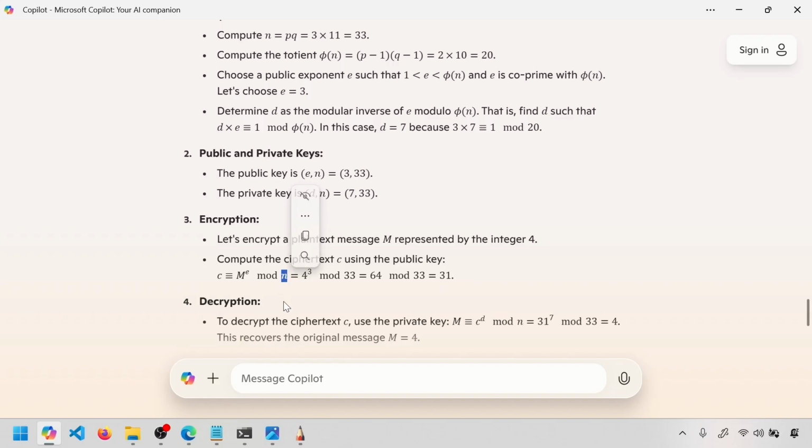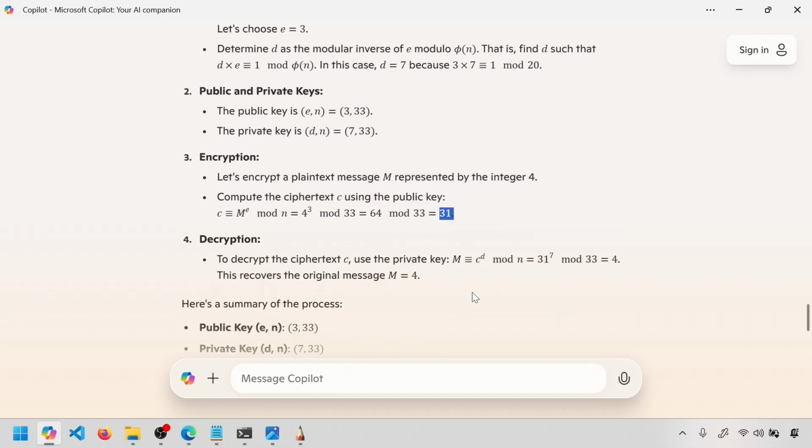We are interested in the remainder. What is remaining? Not interested in the quotient. That is what mod is all about. M raised to e, 4 raised to 3, mod n, which is 33. This is n, not phi n. This is n. That is the encryption, and we get this particular value right here.